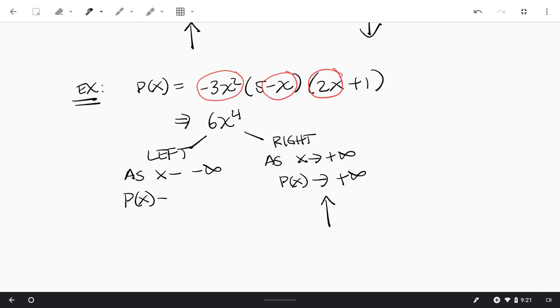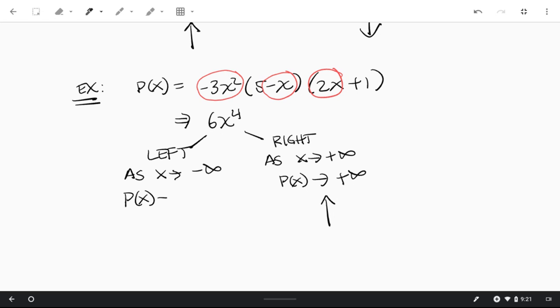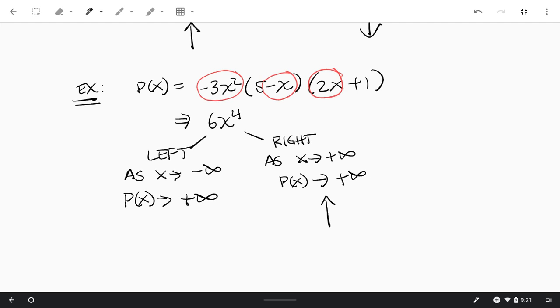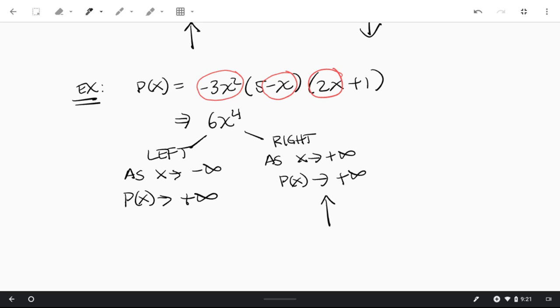This needs an arrow and this needs an arrow. So when we plug in a negative number, we end up with a positive result. On the left-hand side, the graph will be going up. On the right-hand side, the graph will also be going up.